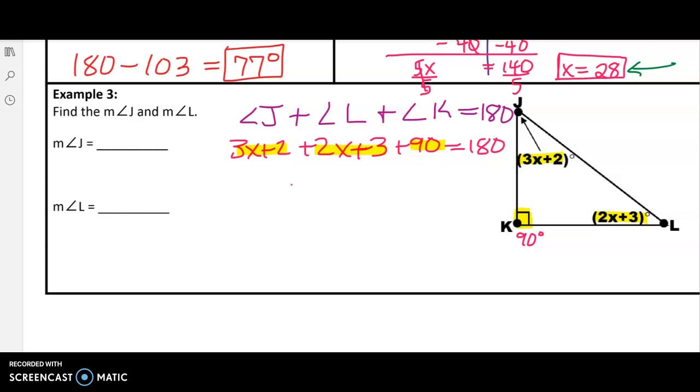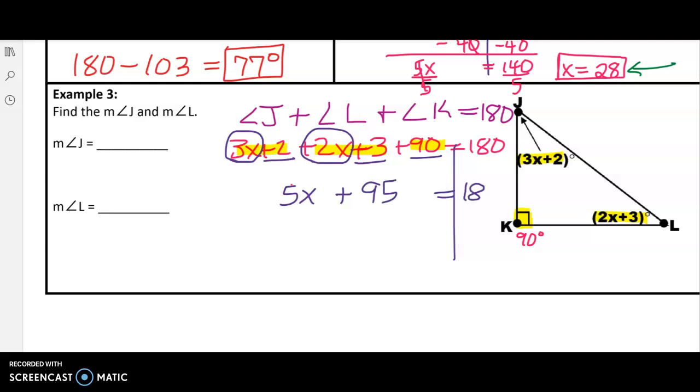Now let's start actually solving, shall we? Combine all the things on the left that you can. So combine my x's, 3x plus 2x is 5x. Now combine our constants. We have 2 plus 3 plus 90 is 95. Now remember, we're solving for x, right? So we need to get rid of that 95 there.